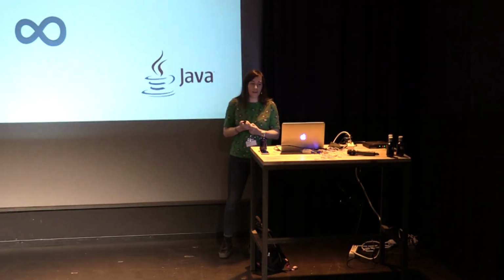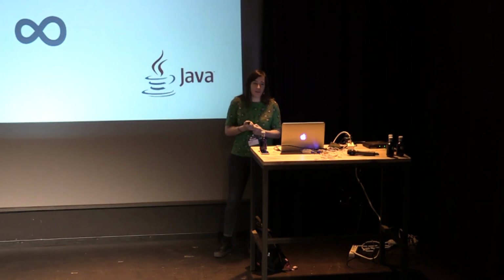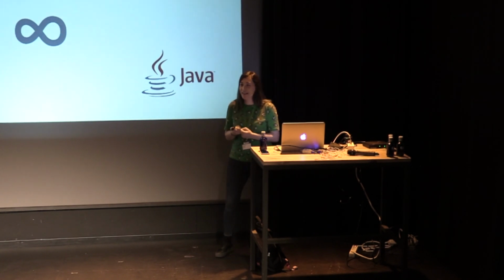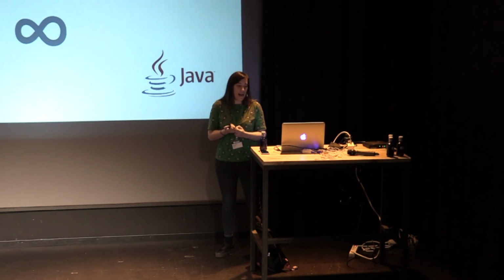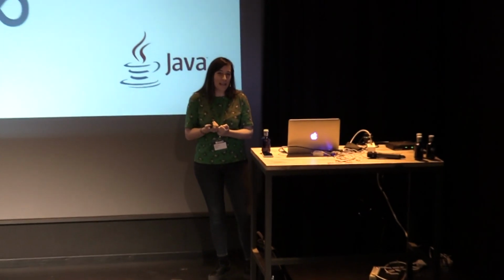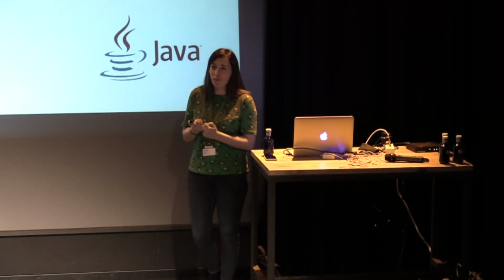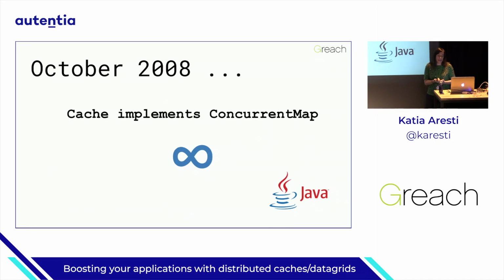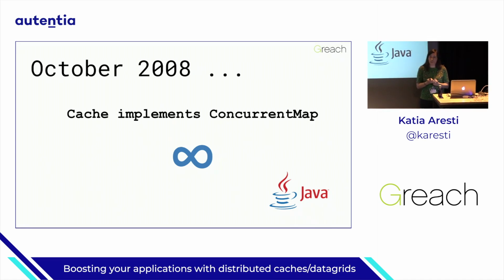So, in October 2008, I was preparing myself to move to Paris, where I live, and there were a bunch of guys working for JBoss that had this idea of doing a cache that implements concurrent map in Java, and so that's how Infinispan was born.